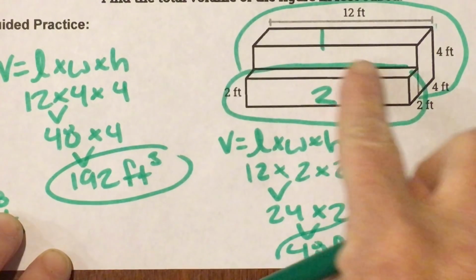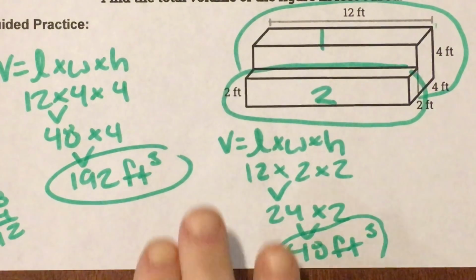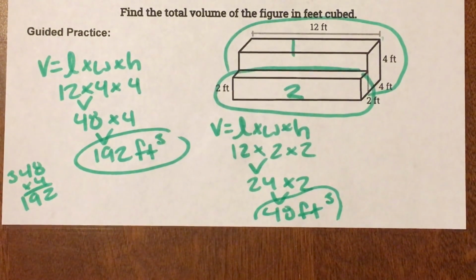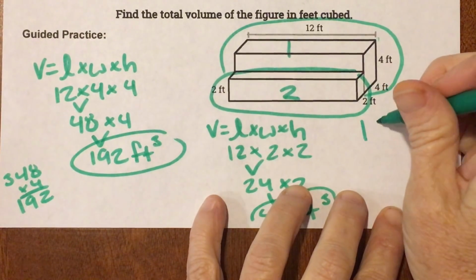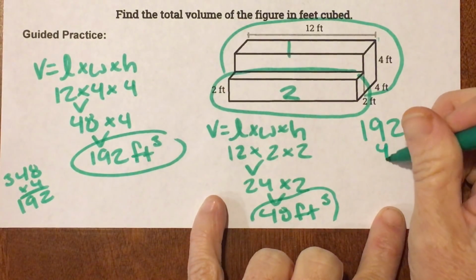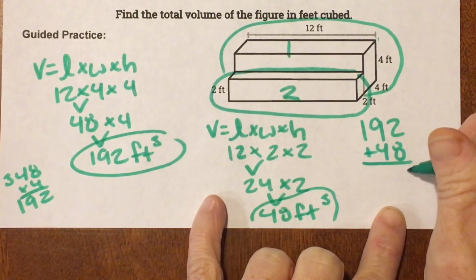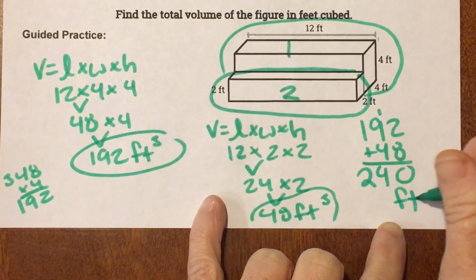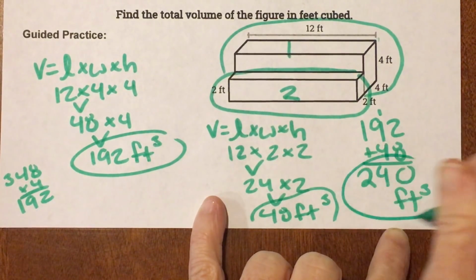But remember, that's only for this box. So if I want to find the volume of the whole shape, all I have to do is add them. And I am getting 240 feet cubed.